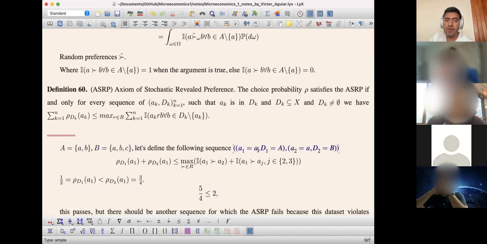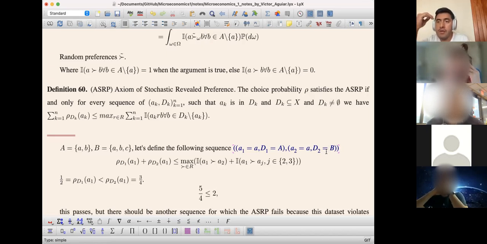I'm going to let a1 be equal to a, capital D1 be equal to capital A, a2 be equal to a, capital D2 equal to capital B. This is one possible sequence. There are many other possible ones. Do you understand? This is a particular choice that I'm making to make this comparison super simple, right? But you can basically create any sequence you want by choosing any a1 and a2 in the way you want, right? Remember, Victor, yeah.